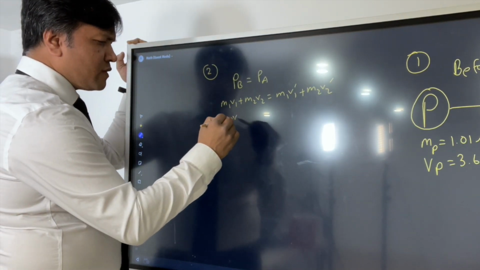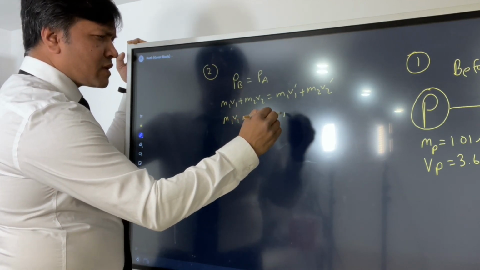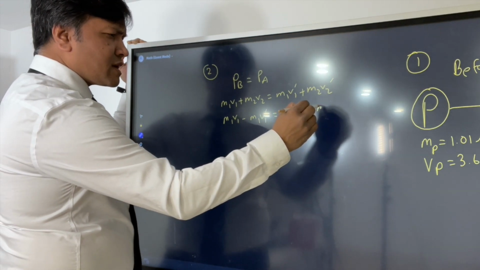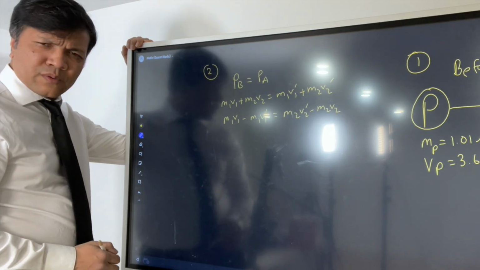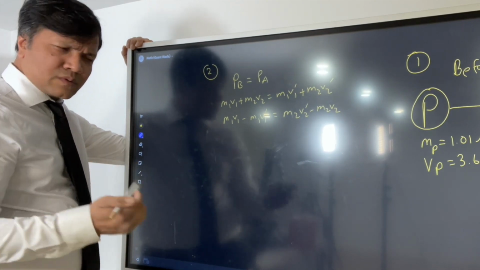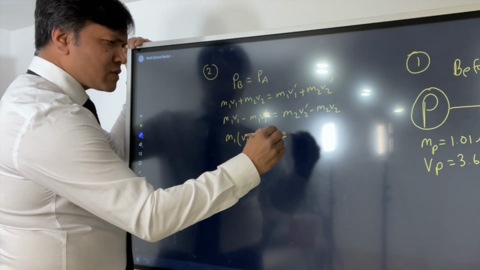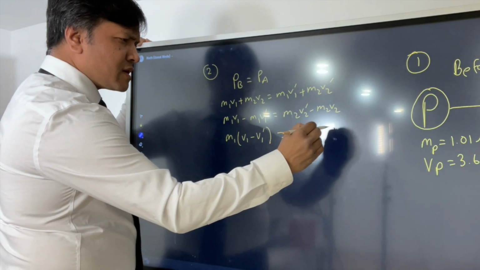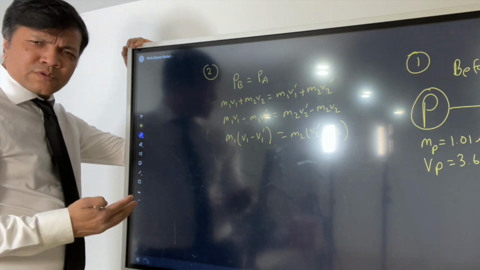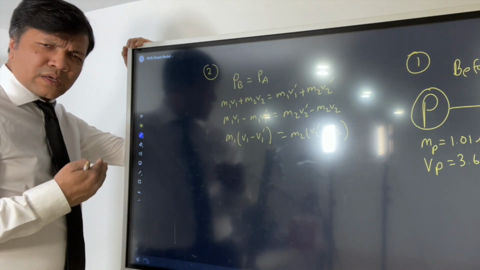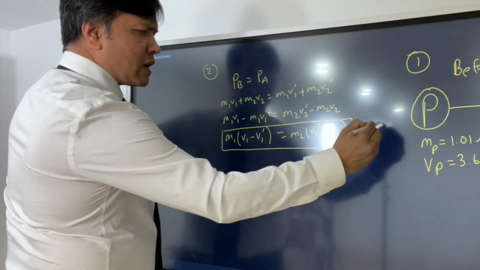So m1 v1 minus m1 v1 prime is equal to m2 v2 prime minus m2 v2. All right, so what can we do now? We can factor out m1. So m1 times v1 minus v1 prime is equal to m2 times v2 prime minus v2. All right, now this looks good, so we're going to call it equation number 1.